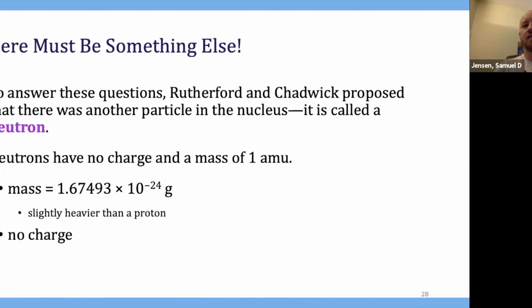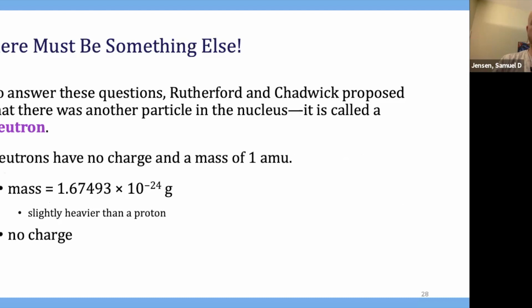And in this case, they derived that there must be another particle that was neutral, called a neutron, and that its mass was roughly about the size of a proton. Okay, slightly more than a proton. But you can't add another charge in there because that would disrupt the balance of charges, right?